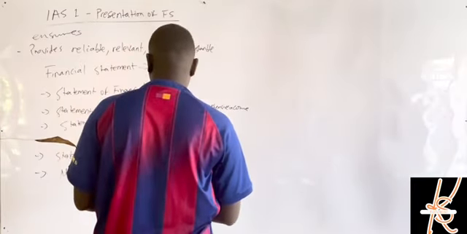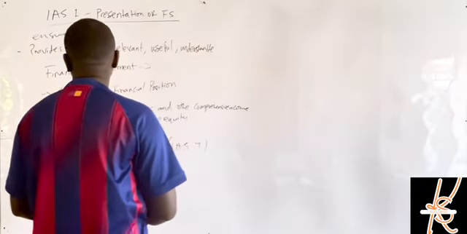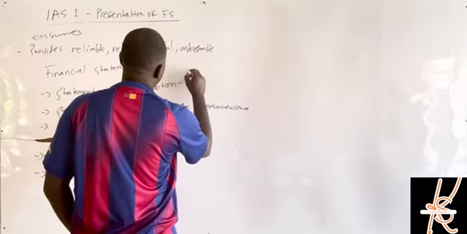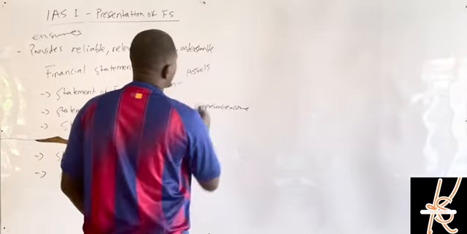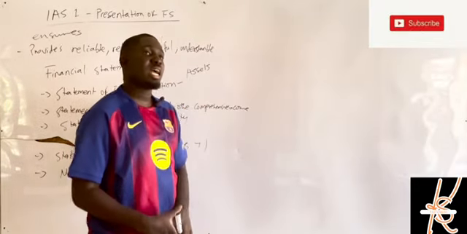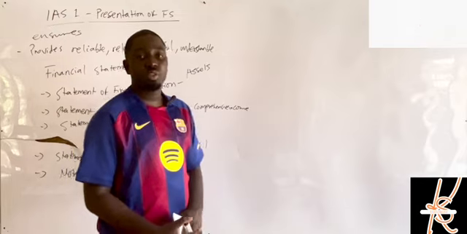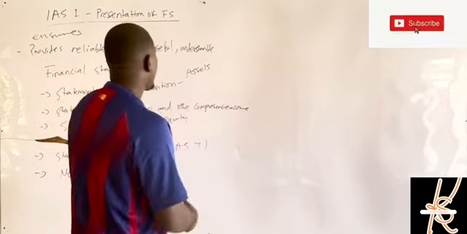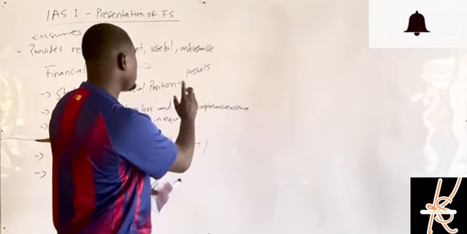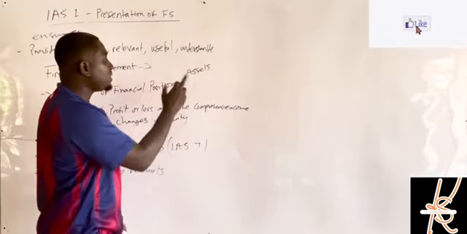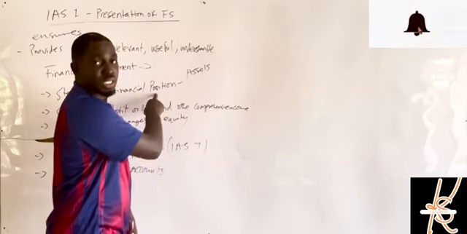So when we talk about the component or the element of this one, we have assets. So we know we've already spoken about assets. We said assets are the economic resources which the company owns and control. Yes. So the assets are parts. You will not see the assets in the statement of profit and loss account, but you see assets in the statement of financial position.